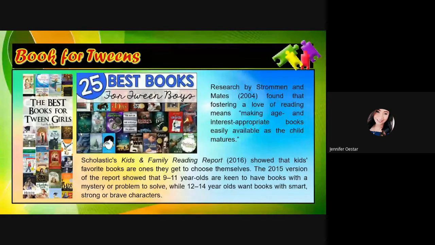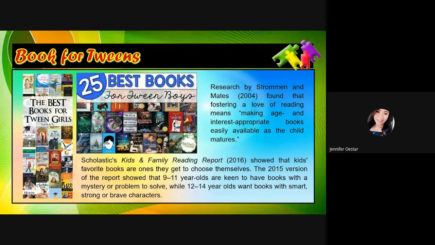So you won't give a child or an adolescent or a student a book which is not suited for their age, and of course not suited for or not their interests. So we must understand that principle. It should be age and interest appropriate.